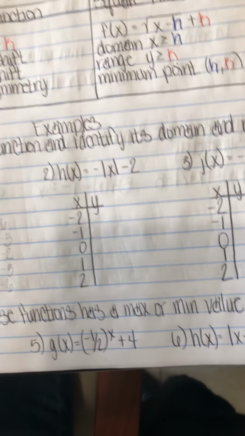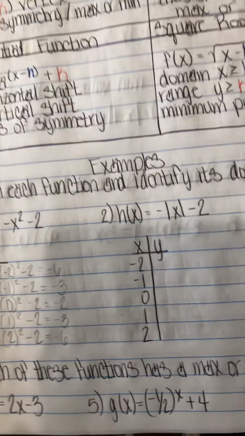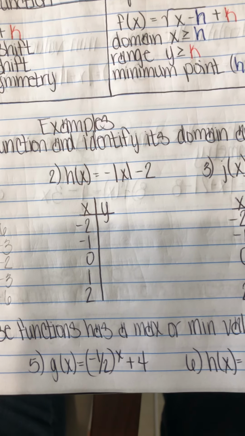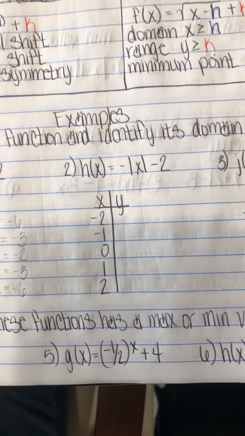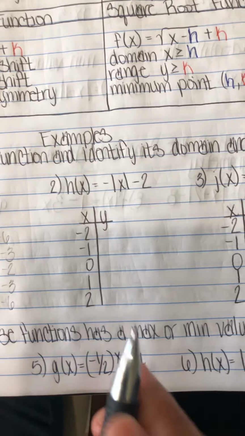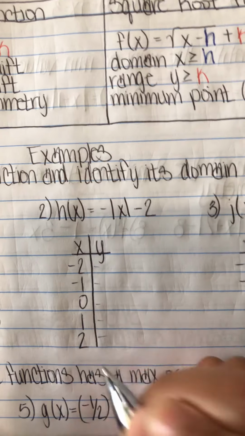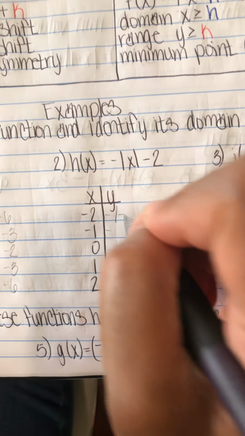All right, next one. For the next one, you have the negative absolute value of x minus 2. So because I have a negative here, I'm going to put negatives all the way down. Then it says absolute value of x.